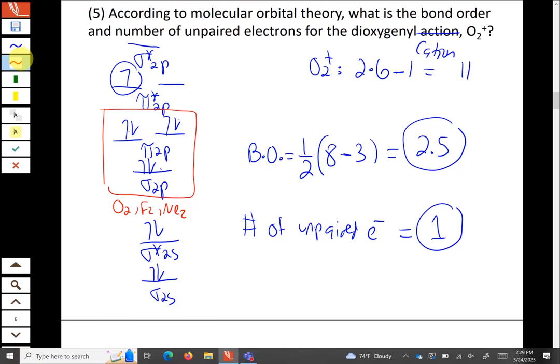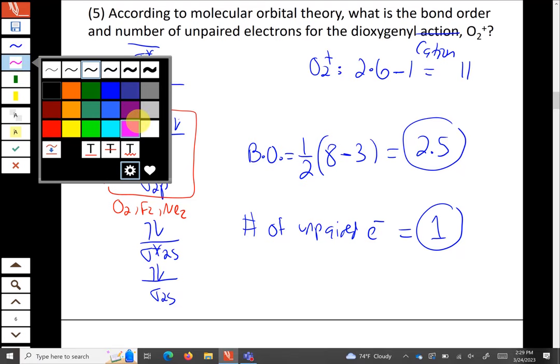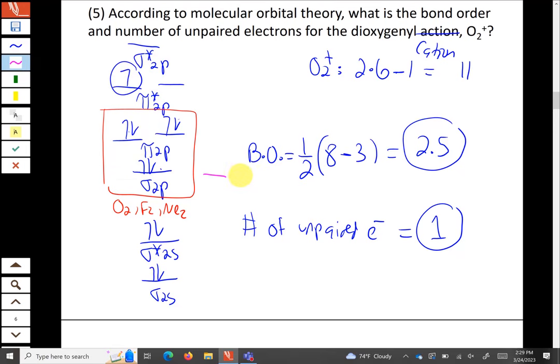Let me do it in a totally different color so I don't confuse you guys. You can also have it in this order, where pi comes first and then sigma, and that's going to be the first half. So I guess start with boron: B2, C2, or N2. So anything in those first three columns of the p block. So that's where it switches.